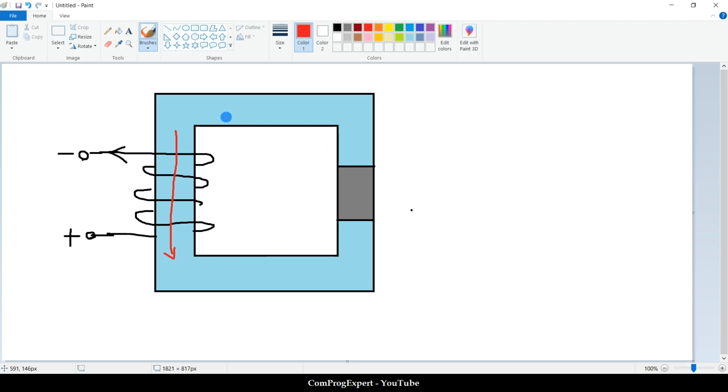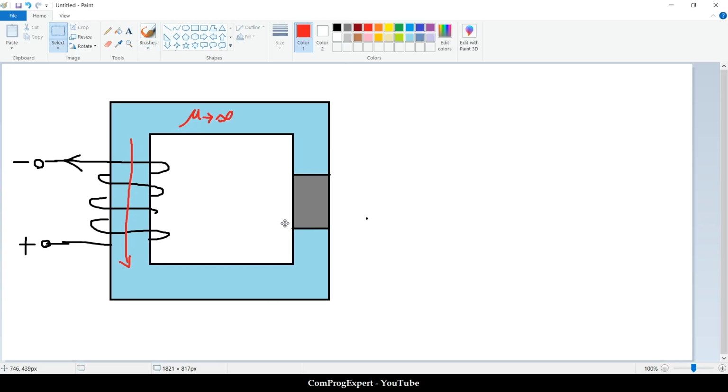If we consider this permeability for the soft iron equal to infinite, we can say that the total magnetomotive force drop occurs on the magnet material.